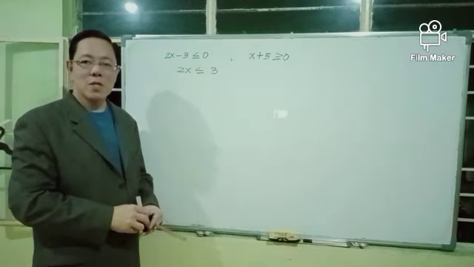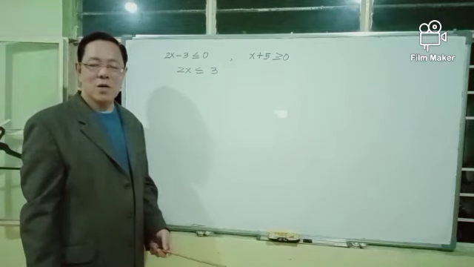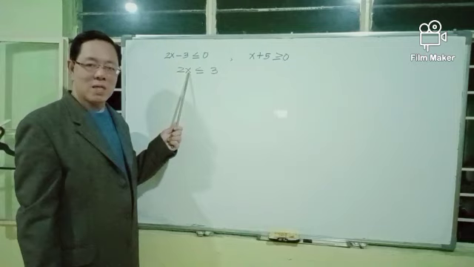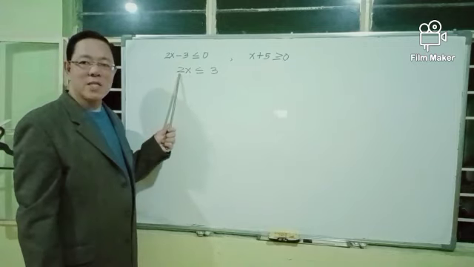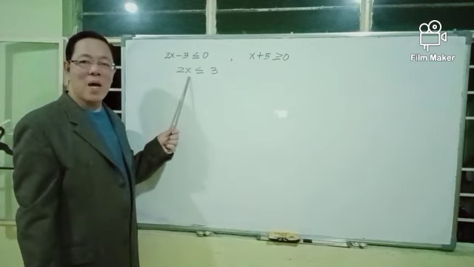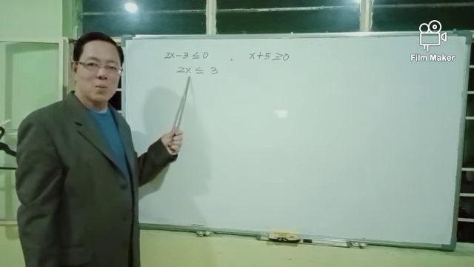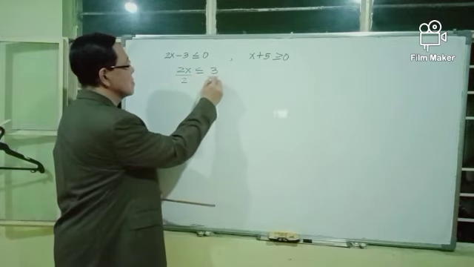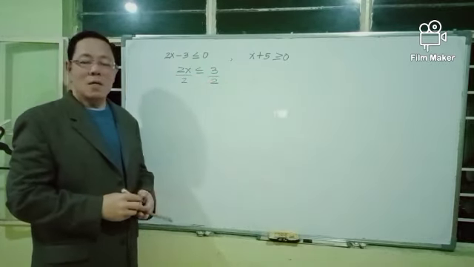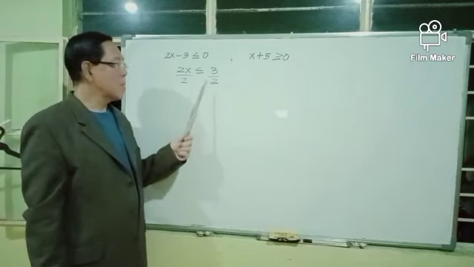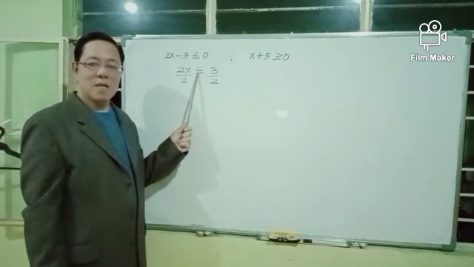In the solution of a linear equation or linear inequality, the coefficient of the variable should be positive 1. But here the coefficient of x is 2, so to remove 2 from the coefficient of x, we divide both sides by 2. Since we are dividing by a positive number 2, the inequality remains the same.